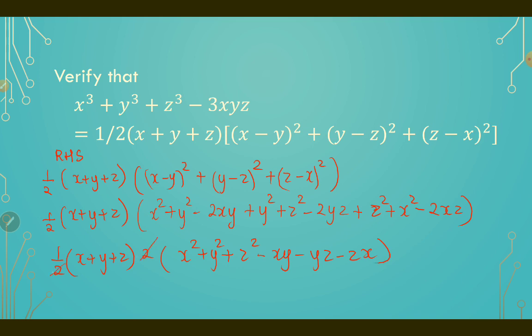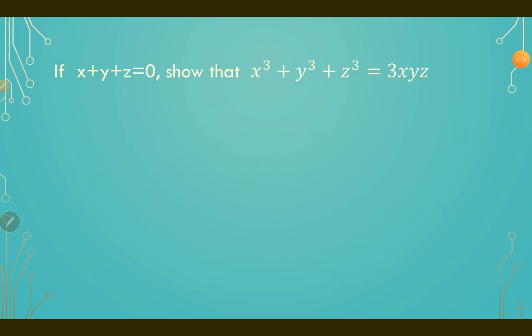This 2 and this 2 get cancelled. So this is nothing but an identity, that is x³ + y³ + z³ − 3xyz, which is nothing but the LHS. Hence, it's verified.